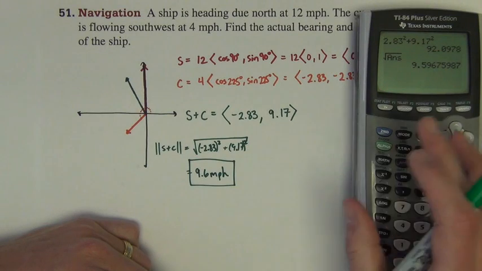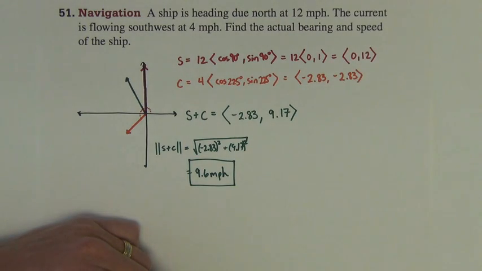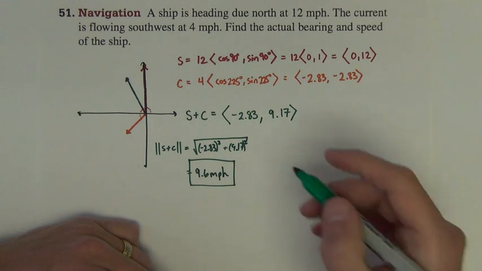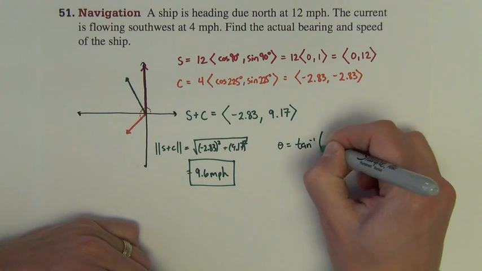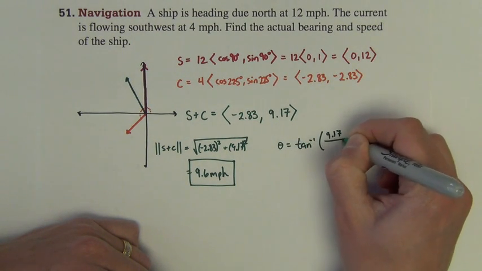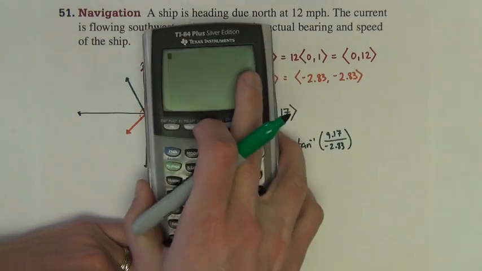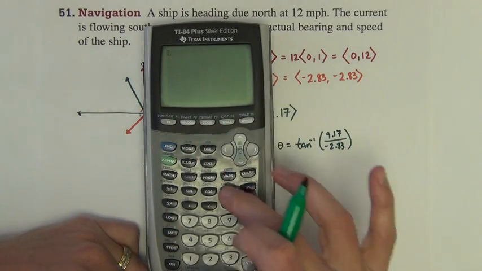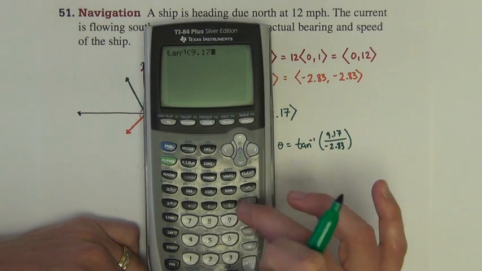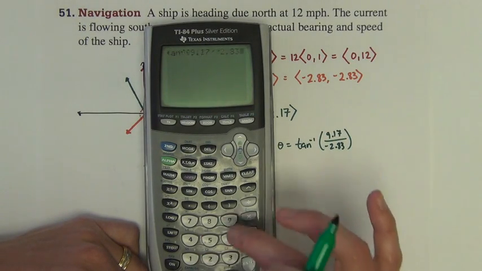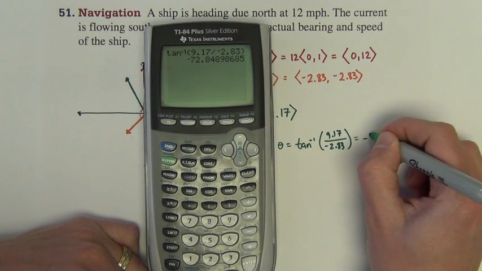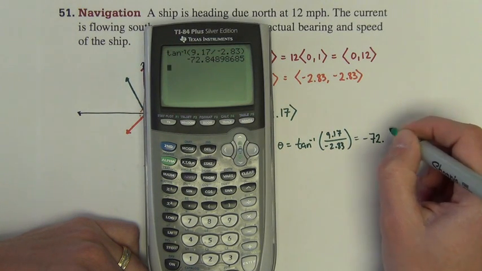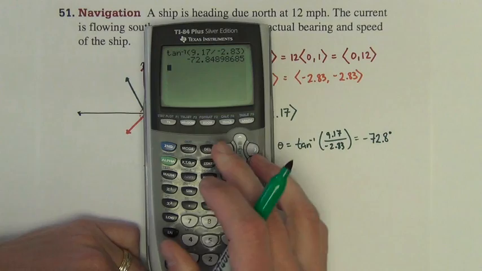The current is slowing it down. Now I want the actual bearing of it, so I want the angle. So that would be tan inverse of 9.17 divided by negative 2.83. So let's see, we want tan inverse. I get negative 72.8 degrees.